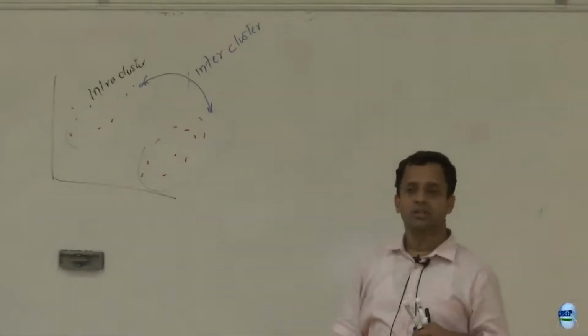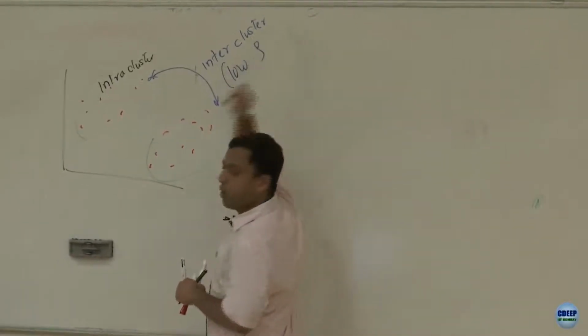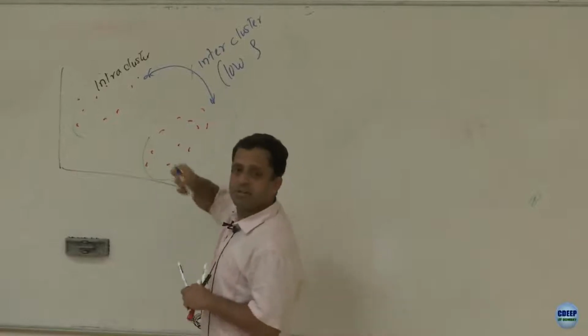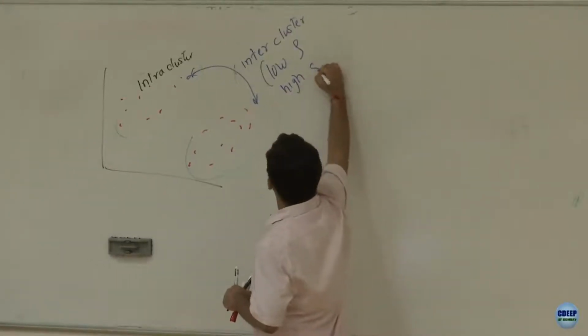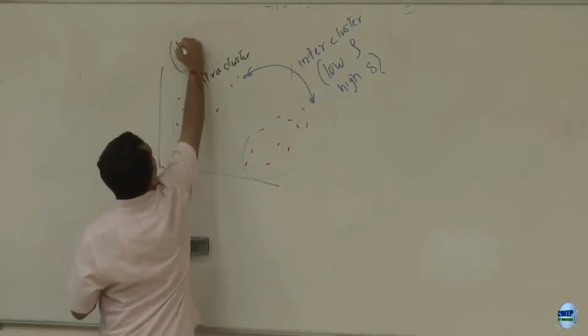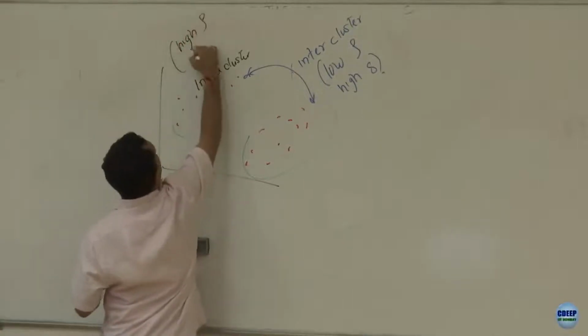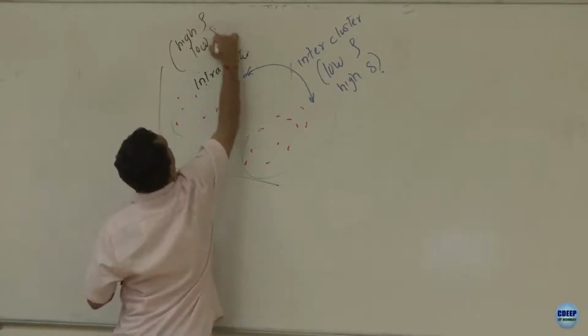So what would you like inter-cluster similarity to be? Okay, so inter-cluster should be low on rho, the similarity measure, and high on delta. What about intra-cluster? Exactly the reverse, high on rho and low on delta.